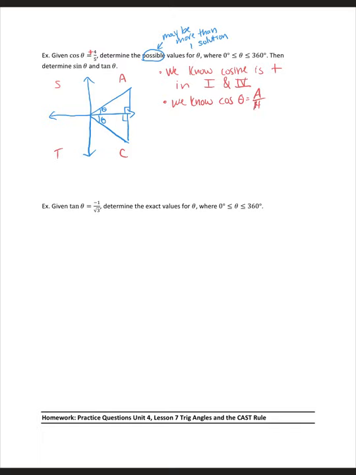So that's where we're going to plug in this fraction of 4 and 5. If theta is here in quadrant 1, my adjacent side would be that side touching theta, and my hypotenuse is there. Same for this other one in quadrant 4. We have an adjacent side of 4 and a hypotenuse of 5. So let's determine what theta is in each of those quadrants. Let's start with quadrant 1.